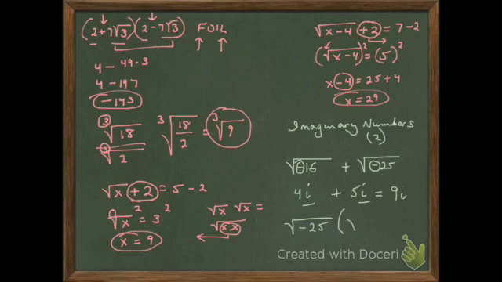This is the same as 5i times 4i. That's 20i squared. And i squared, you have to memorize this, equals negative 1. So that's negative 20.